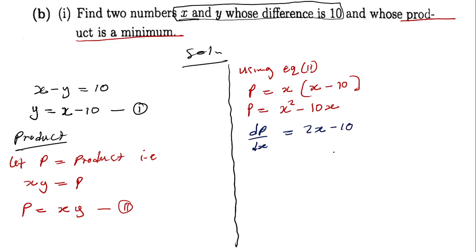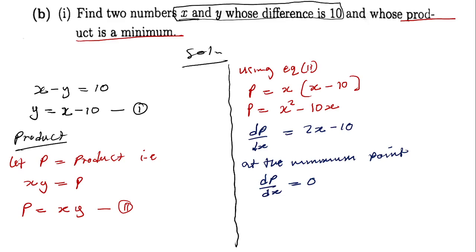Now, at the minimum point, dP/dx is simply equal to what? 0. Remember, in Math 1120, when we were finding the critical points, that's what we did.